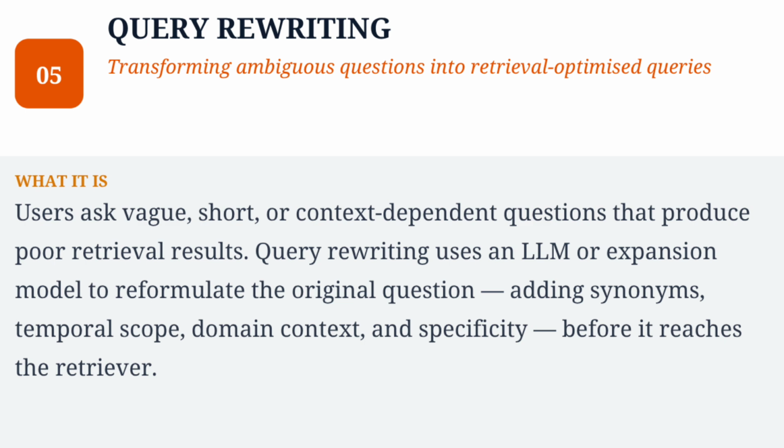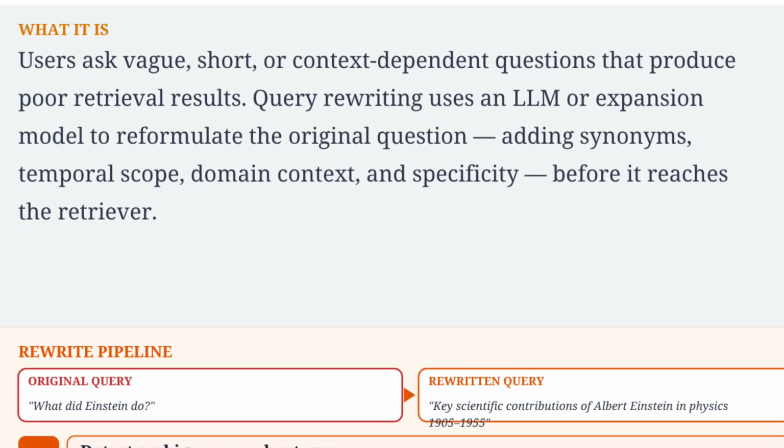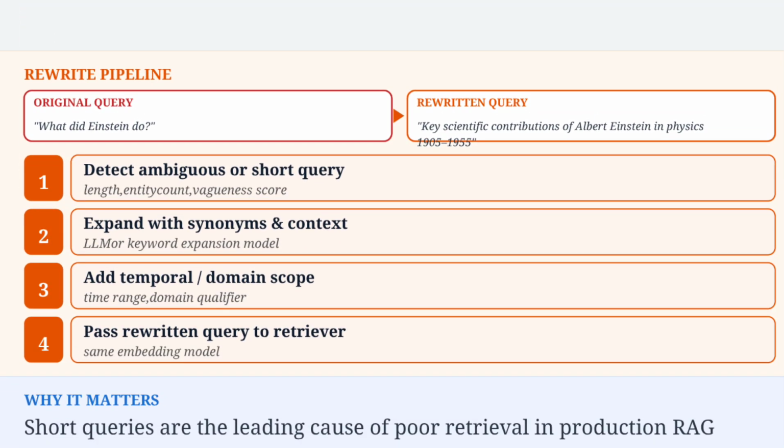Short vague queries produce poor retrieval in a RAG system. The embedding doesn't have enough information to find the right chunks. So query rewriting fixes this before the question even reaches the retrieval. An LLM interprets the original question and expands it, adding synonyms, domain context, and temporal scope, and rewrites it into something more retrieval friendly.